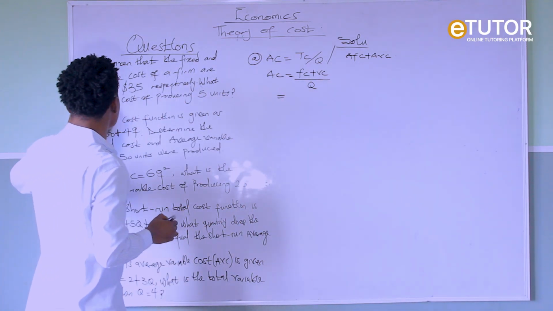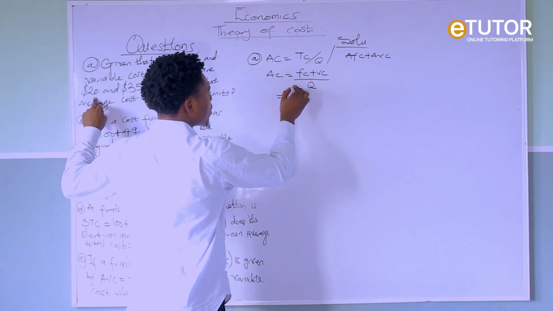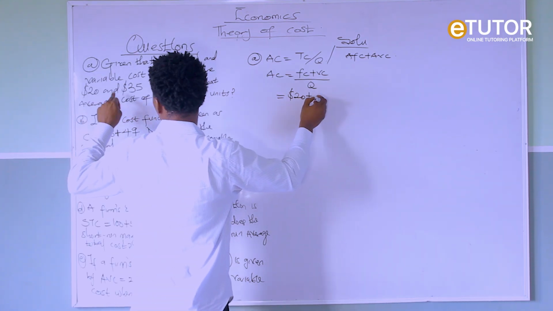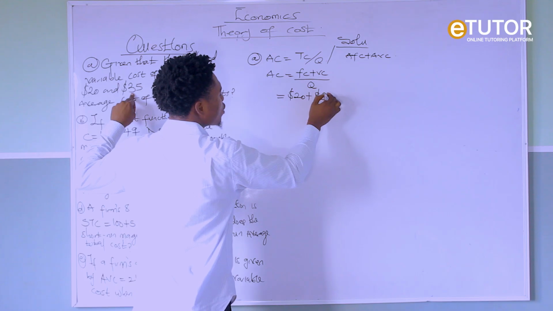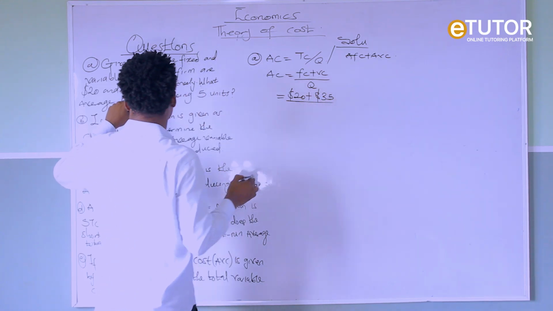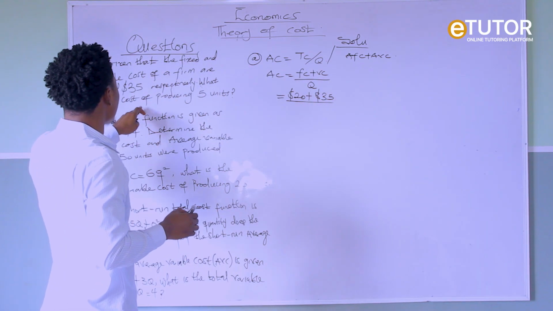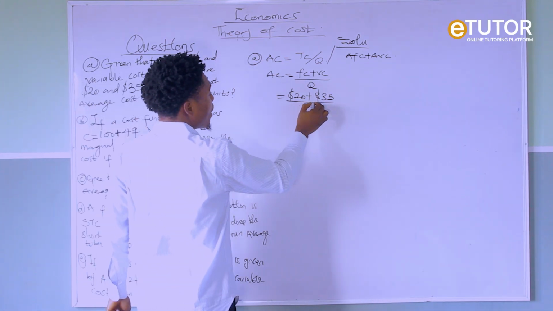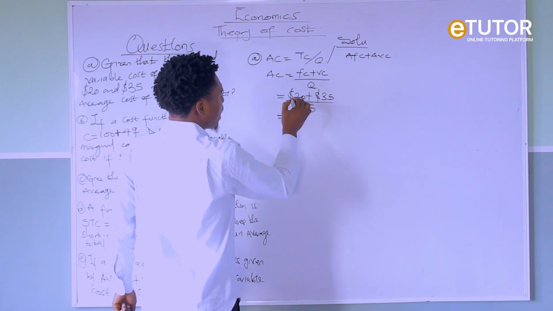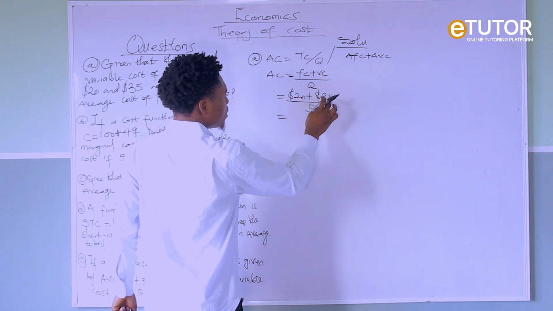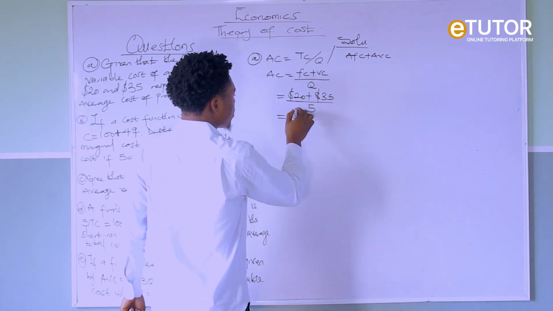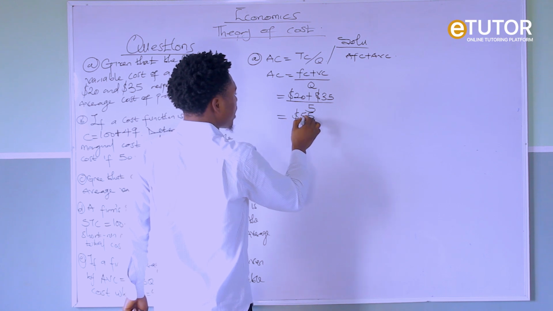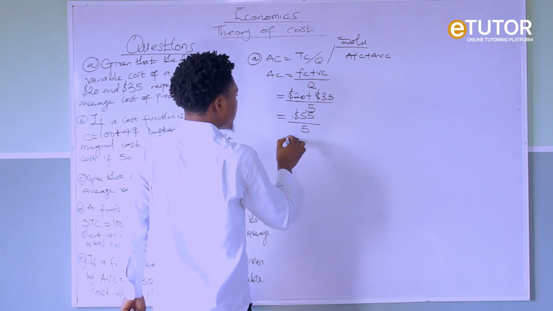So what's our fixed cost? Our fixed cost is $20, plus our variable cost, which is $35. They said respectively. What is the average cost of producing 5 units? The 5 units is our quantity, so divide by 5. This plus this, we are going to have $55, divided by 5 units.